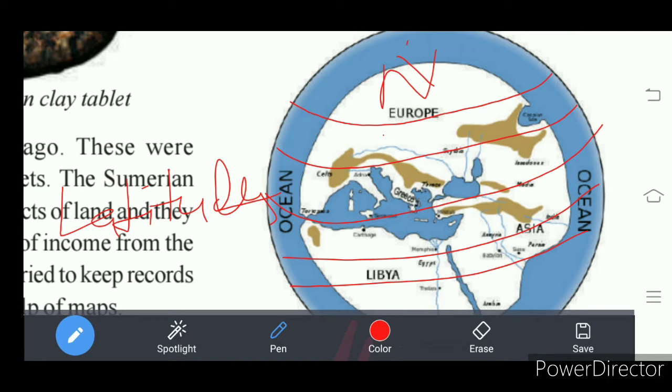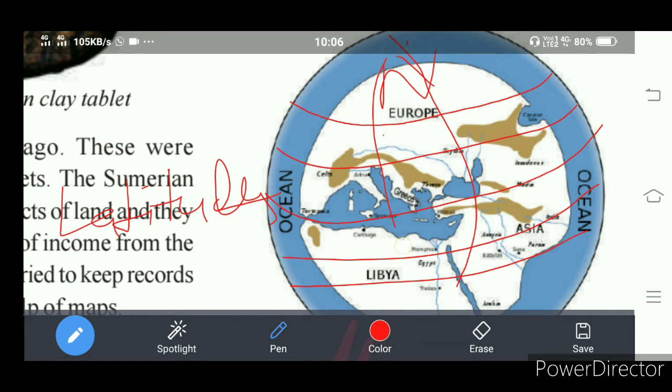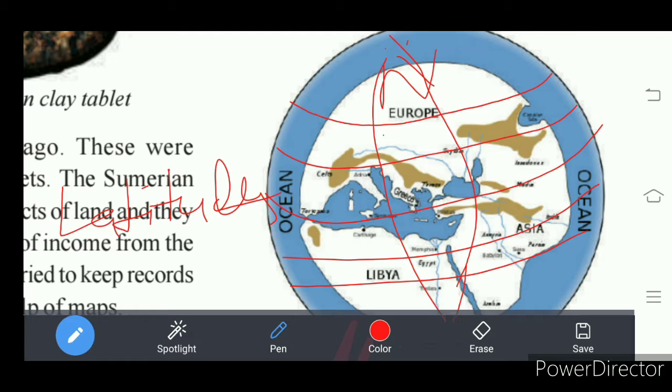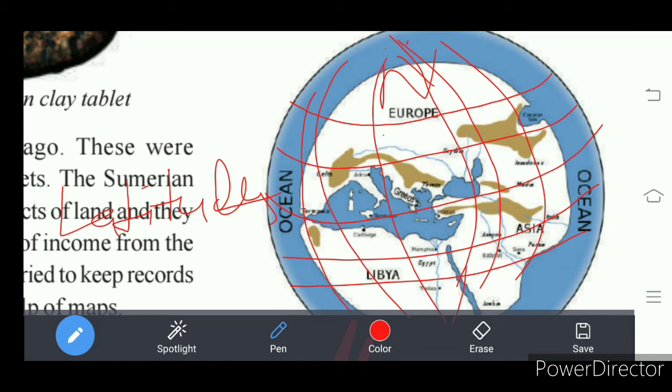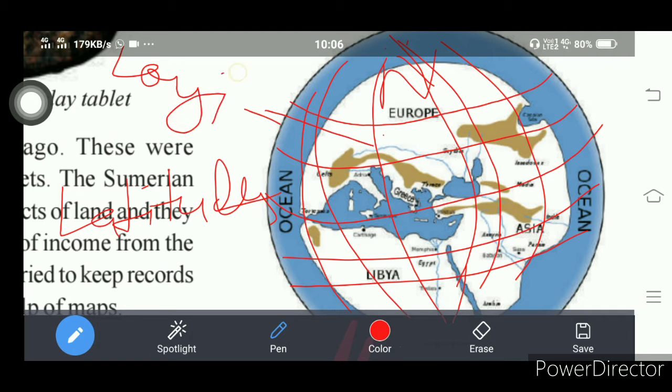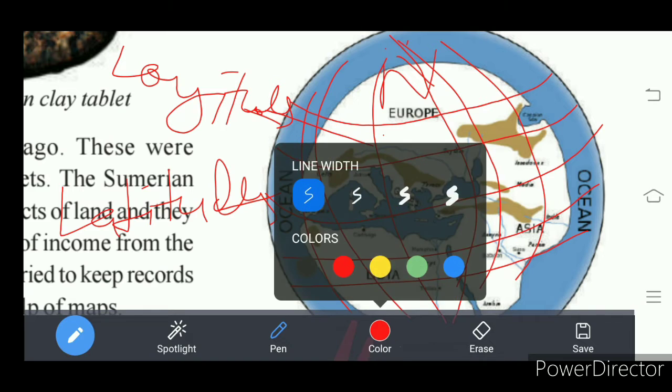Lines drawn vertically connecting the north pole and south pole, these ones, are called longitudes. Now look here.